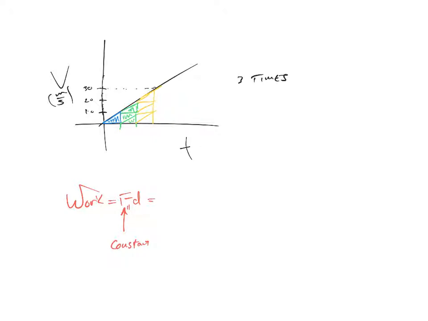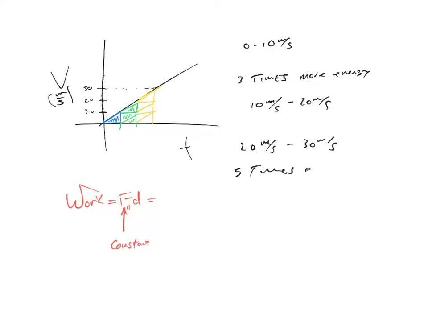So to go from 0 to 10 takes a certain amount of energy, but it takes 3 times more to go from 10 to 20 meters per second. Then going from 20 to 30 takes 5 times as much, and then 7 times, 9 times. That comes from the fact that you're traveling greater and greater distances.